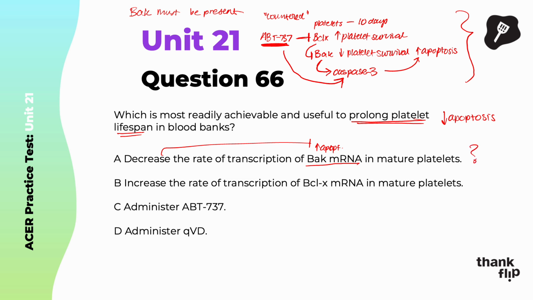Then we have option B, increase the rate of transcription of BCL-X mRNA in mature platelets. And so this we know is used to increase platelet survival.